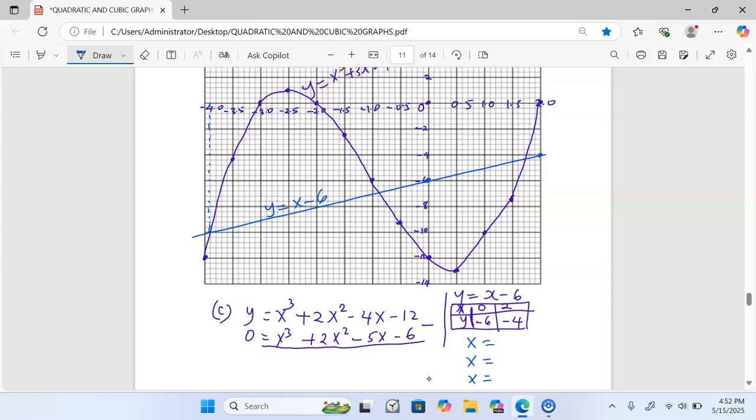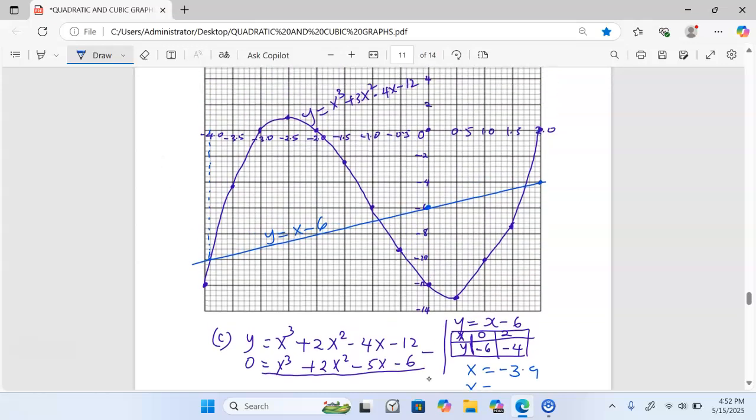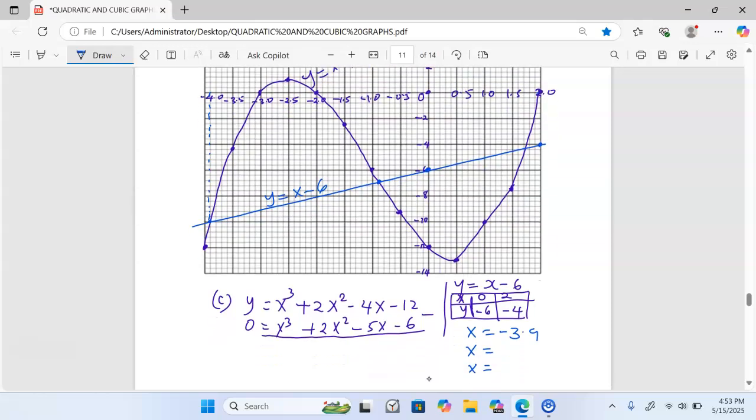So the value of x at this particular point is going to be negative 3.9, and the value of x at this point here is going to be around negative 0.9. That is negative 0.9, and the other value of x is going to be approximately 1.6.